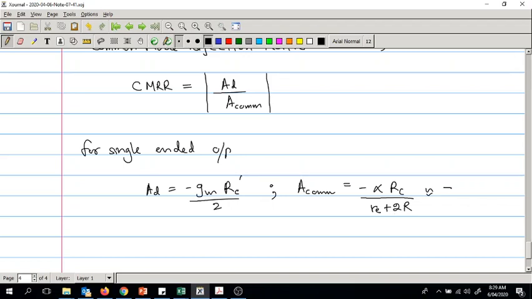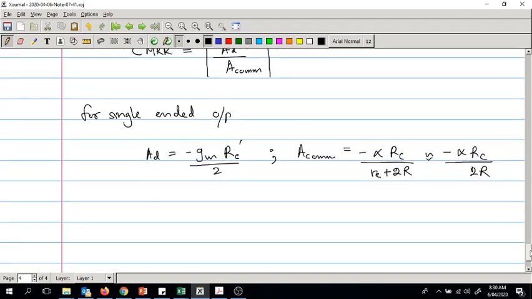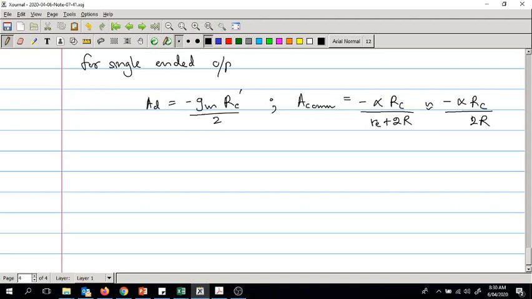We can approximate that into minus alpha RC over 2R, because 2R is much larger. This is a resistance of a current source, and even twice that is much larger compared to RE. So taking that into consideration, we can approximate this factor into minus alpha RC over 2R.